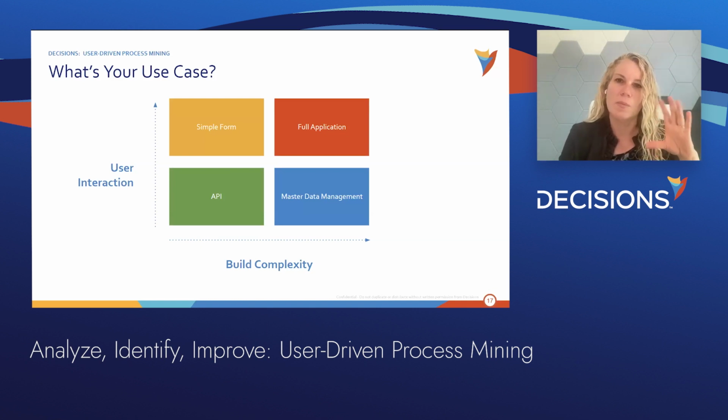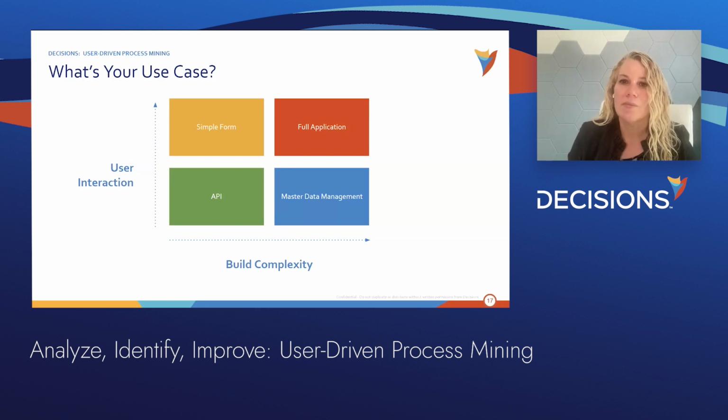And so we've got the boxes on the left, where an API doesn't require very much user interaction, and a simple form requires more user interaction, for example. And then across the bottom, we have build complexity. Examples: an API is really easy to build in decisions.